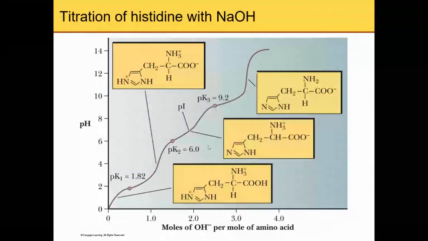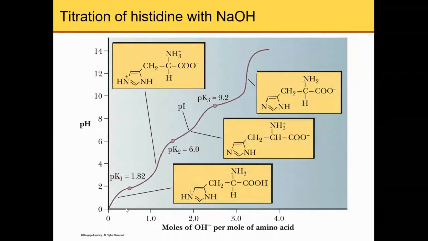And then if we go back to this here, at the pI, the isoelectric point, the net charge is 0. +1 and -1, so it's 0. And if you increase the pH, that means you add more hydroxide, so you increase the pH to 9.2, that's pK3.